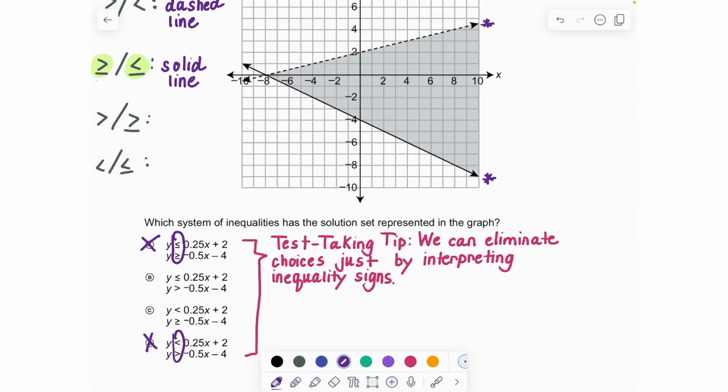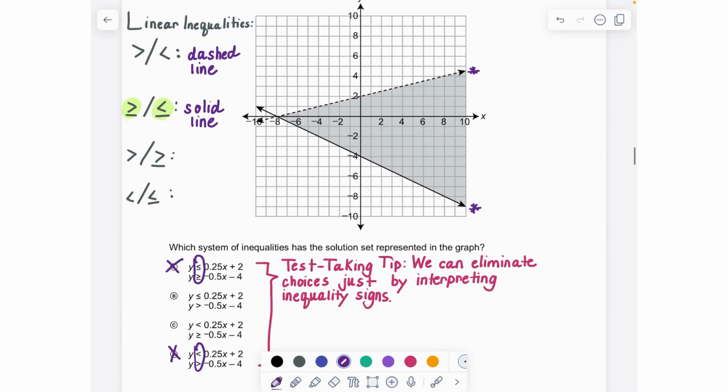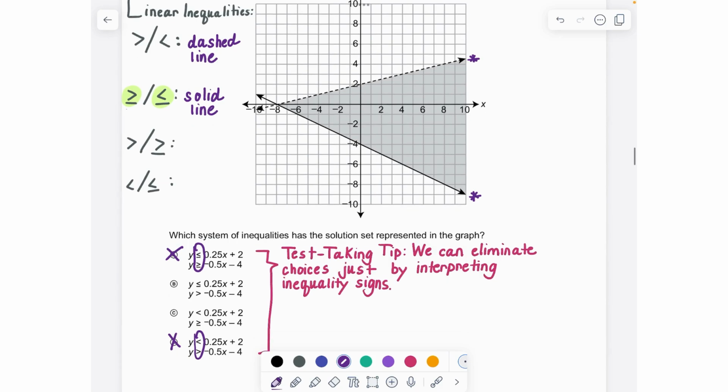Now, the next thing we need to interpret is, once again without doing much, not even really looking at the shading above and shading below, we should be able to see these lines. Now, they are the same, right? 0.25x plus 2, 0.25x plus 2. One has a solid line.